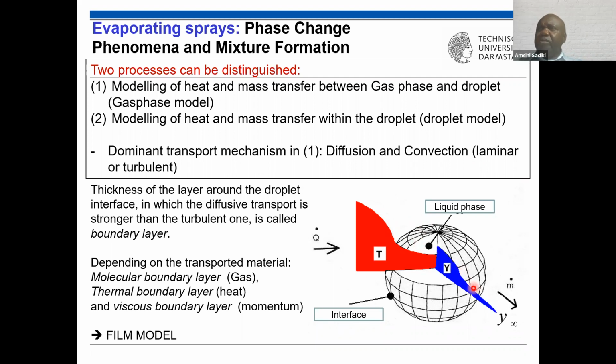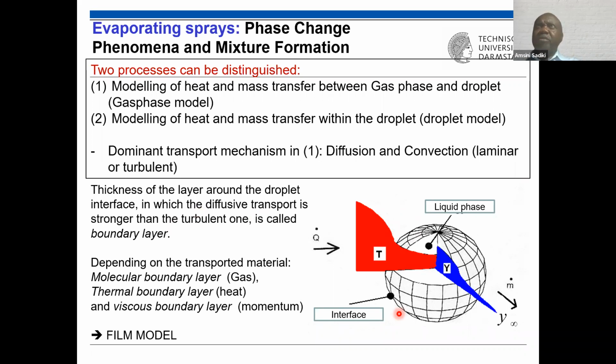Because this quantity will come out, it will build here a kind of layer. Then we have a thickness of the layer around the droplet's interface. And within this thickness, we have diffusive transport. It is strong, stronger than the turbulent one. And this is the boundary layer around the surface as we have introduced them, for example, without also considering the turbulent flow or the interaction.